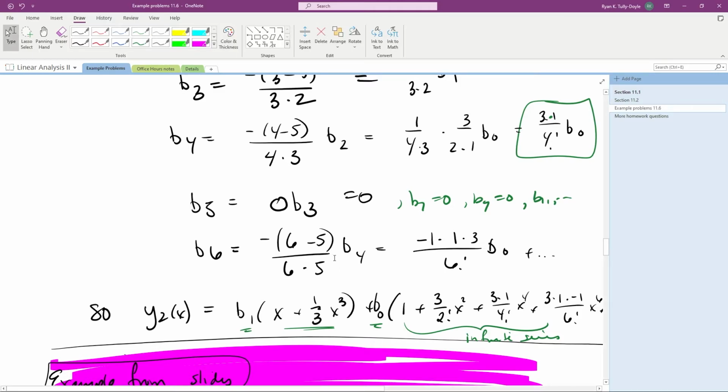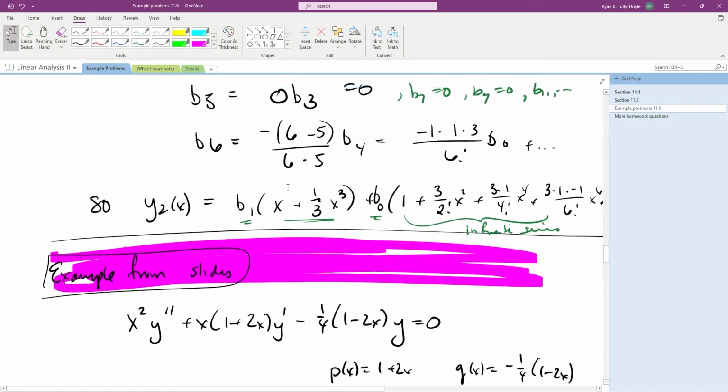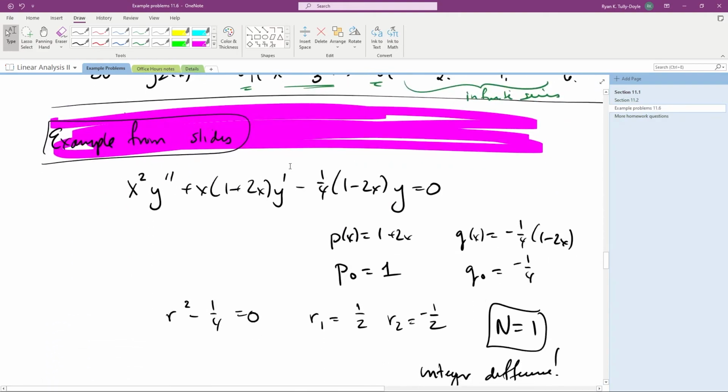The second problem I wanted to talk about was the problem from the slides. In this problem, what's going to happen is instead of having a y1 and a y2 that we can both get from the recurrence even when the roots differ by an integer, in this problem that fails. So we're going to look at a specific case of example 11.5.3.